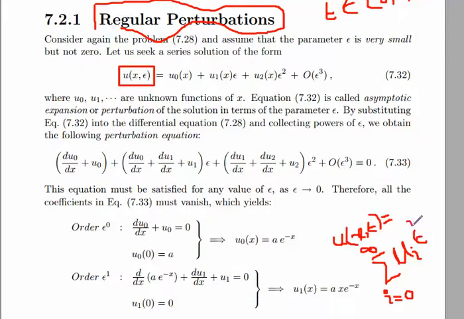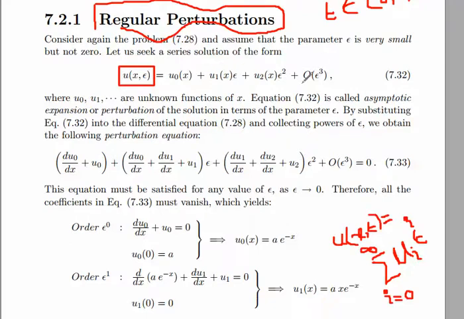This is exactly the series for a power function. If you expand this series, when i is 0 it gives you u0 epsilon to the power 0, and epsilon to the power 0 gives you 1, plus u1 epsilon to the power 1 plus u2 epsilon squared, and so many more terms, where u0, u1 are unknown functions of x.